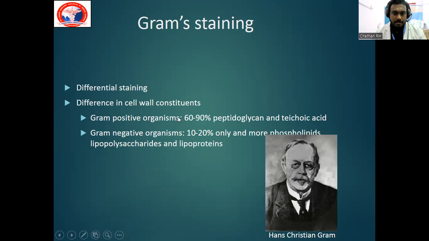The gram positive organisms are made up of 60 to 90% peptidoglycan molecules and teichoic acid molecules, whereas the cell wall in gram negative organisms is made up of only 10 to 20% peptidoglycan and teichoic acid, and instead there is a greater amount of phospholipids, polysaccharides and lipoproteins. That is why some organisms will take up one stain and the others will not take up that particular stain, which leads to the differential stain.